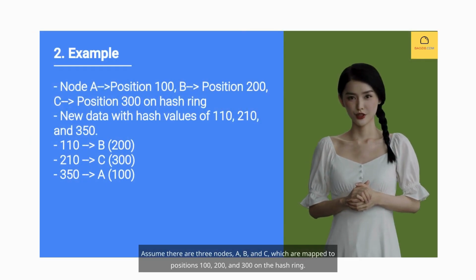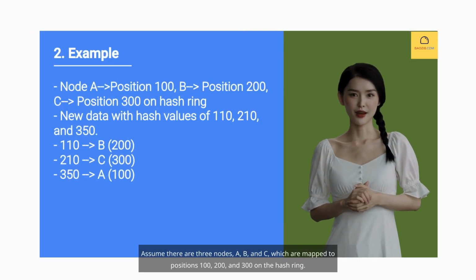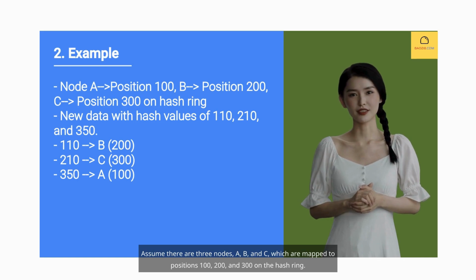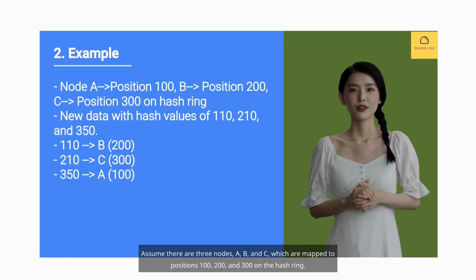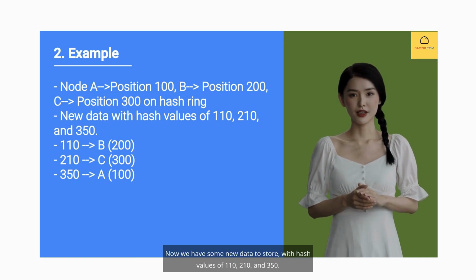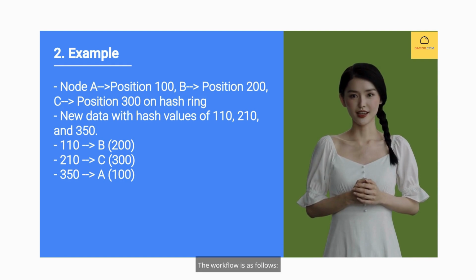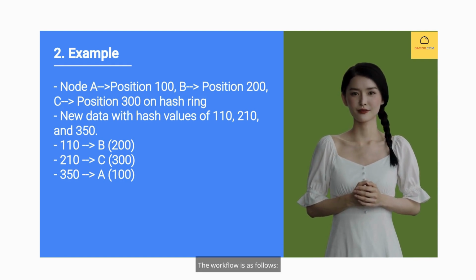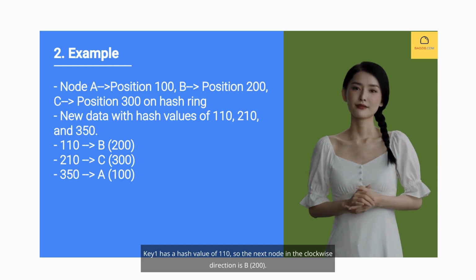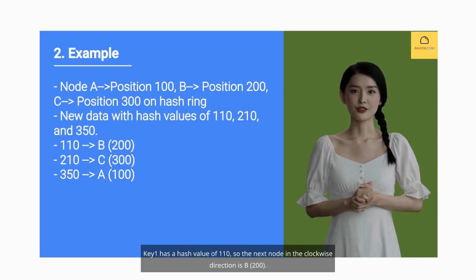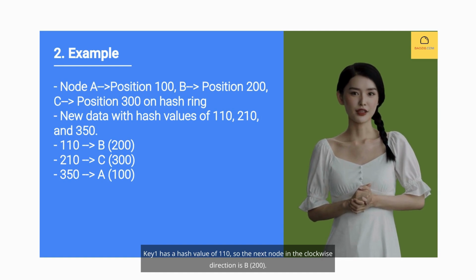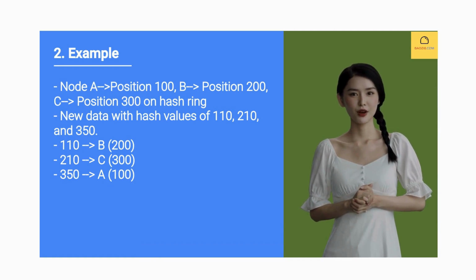Assume there are 3 nodes, A, B, and C, which are mapped to positions 100, 200, and 300 on the hash ring. Now we have some new data to store, with hash values of 110, 210, and 350. The workflow is as follows. Key 1 has a hash value of 110, so the next node in the clockwise direction is B200.